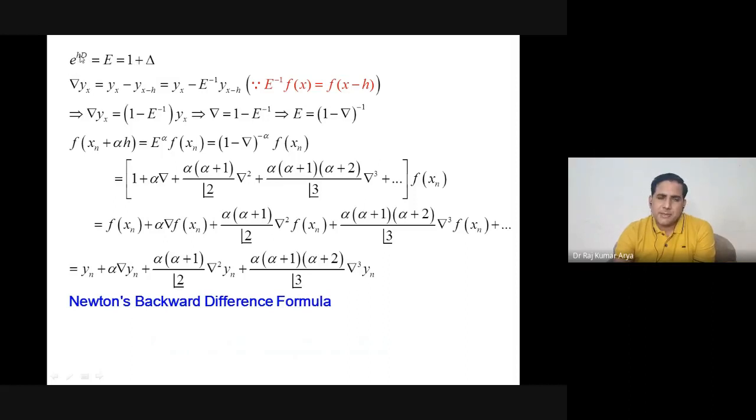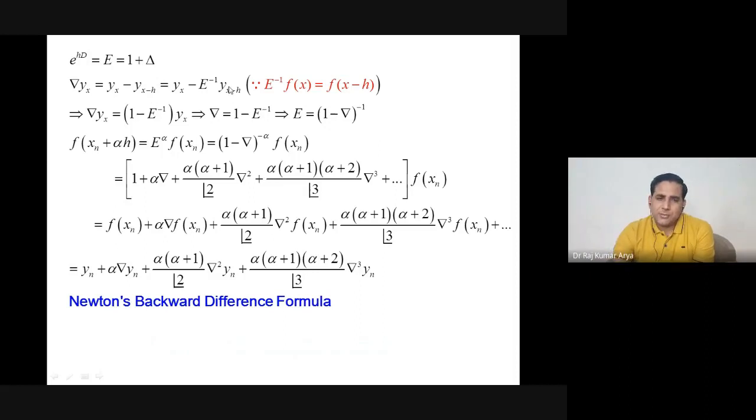Previously we got e to the power hD, the shift operator E, equal to 1 plus delta. Now you can write here the backward difference of y(x) would be y(x) minus y(x minus h). You are going one step back.